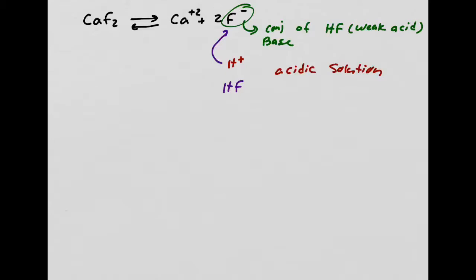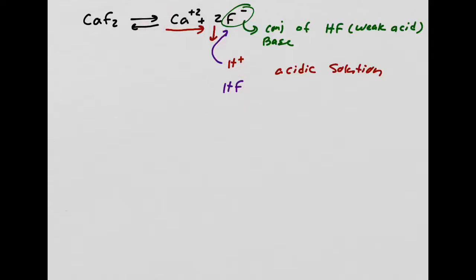Now, if I form HF, that means I'm going to have less F- in this equilibrium, because as soon as F- is formed, H is going to grab it. So I have less F-. The equilibrium is going to shift to the right. So it has to make more F-, because F- is now reacted with H+ and forms HF.